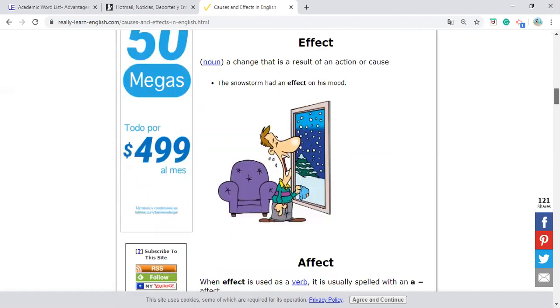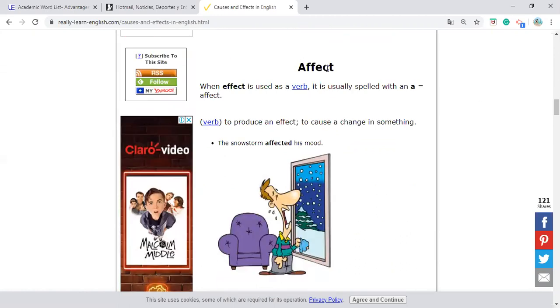Por ejemplo. Ahora tenemos affect. Is used as a verb. Is usually spelled with an A, okay? To produce an effect, to cause a change in something. The snowstorm affected his mood. Entonces, the COVID-19 affected the way people think.